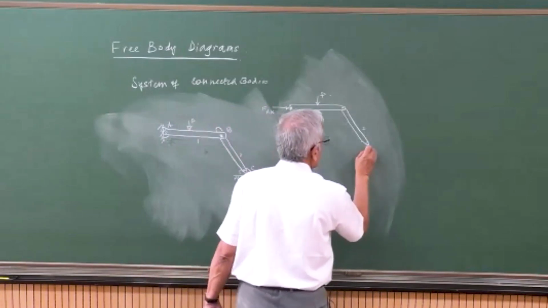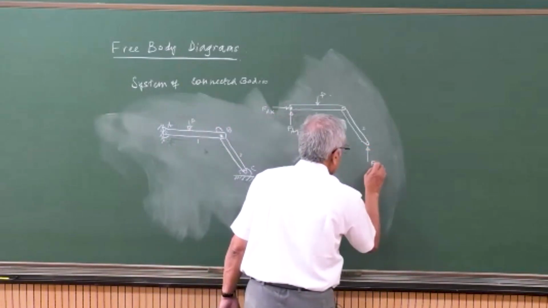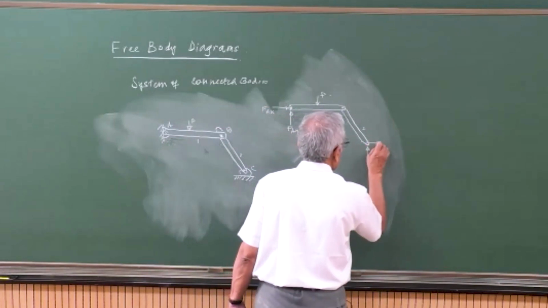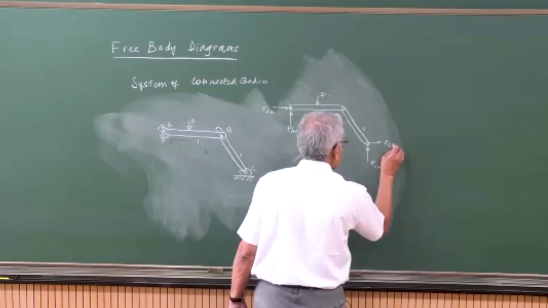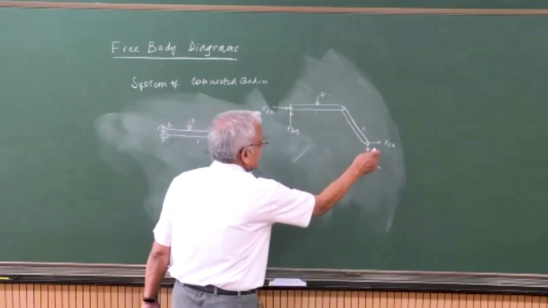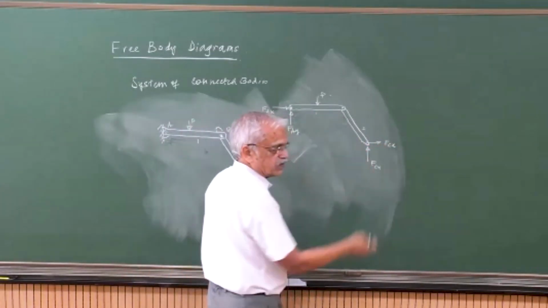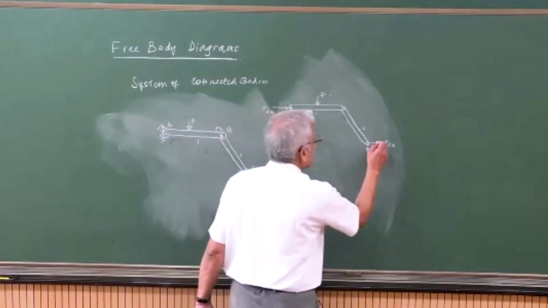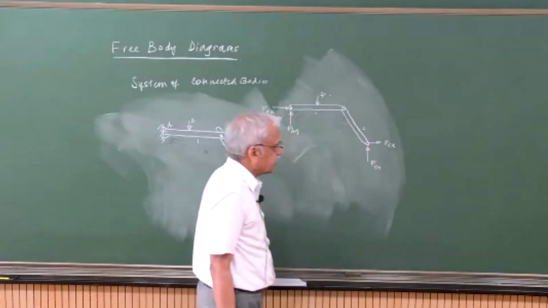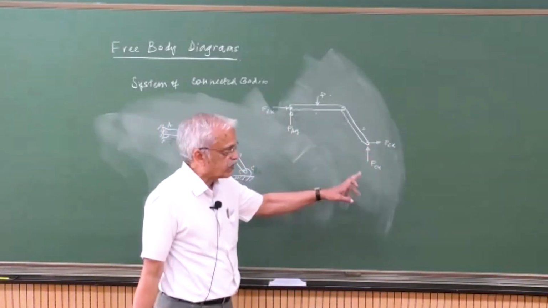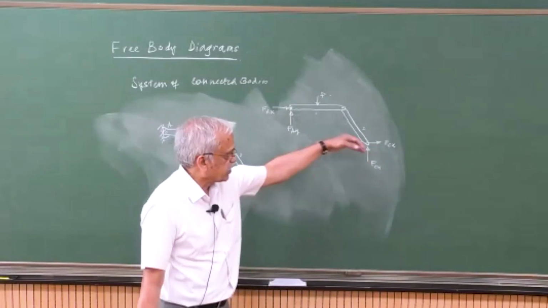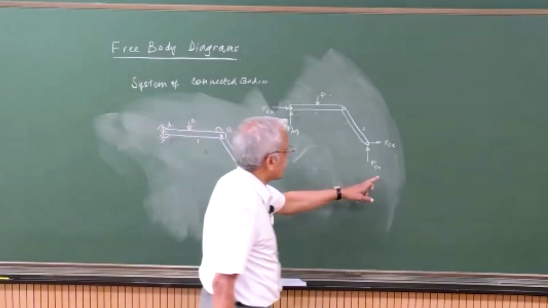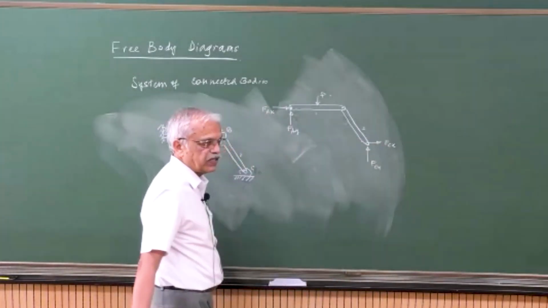Similarly here, I have FCY and FCX. Maybe FCX is in this direction, but at this moment we need not worry as long as you show two components, because the resultant force can be in an arbitrary direction. So there are two components here and two components here.